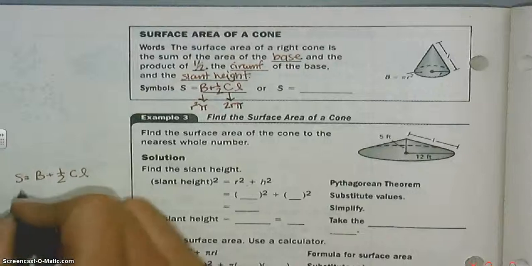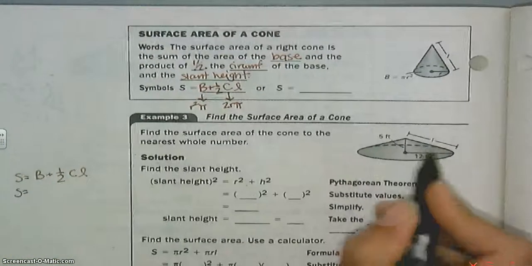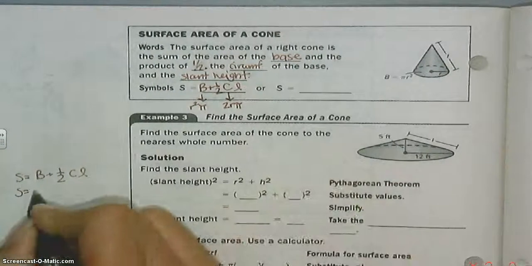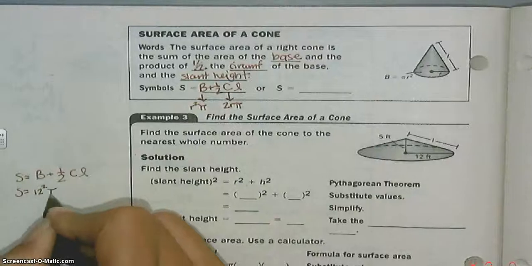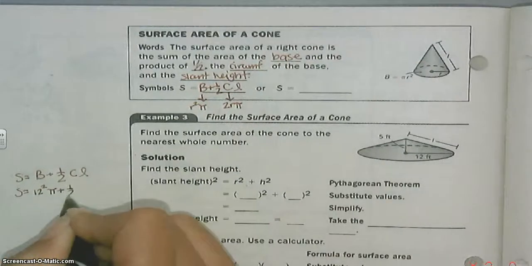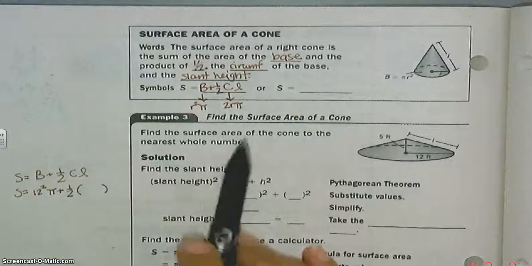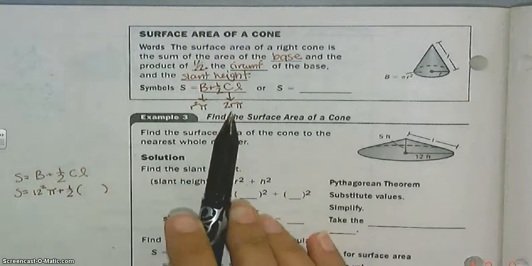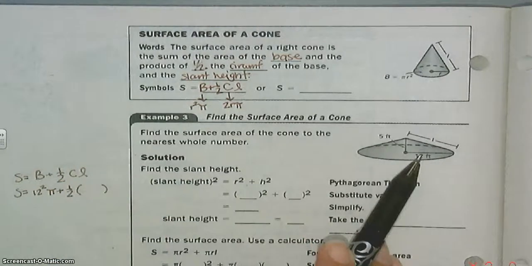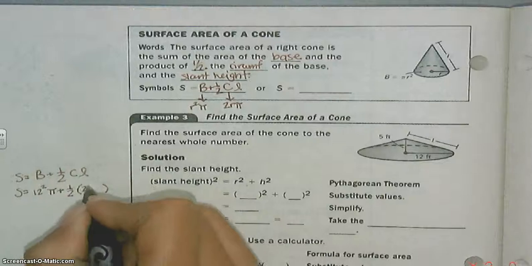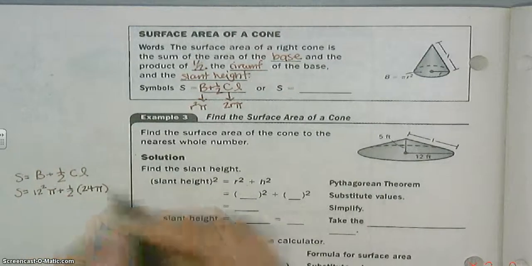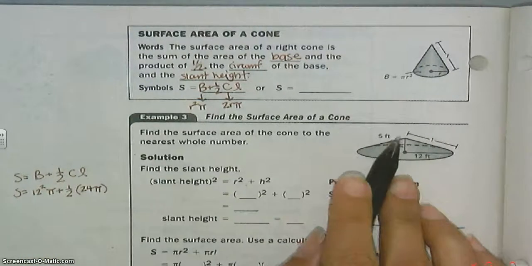So now, let's see, our base is a circle. And we do 12 squared pi plus 1/2. Let's see, the circumference is 2R pi, right? That's what circumference is. So 2 times R is 24 pi. Oh, we have to find that leaning height again.